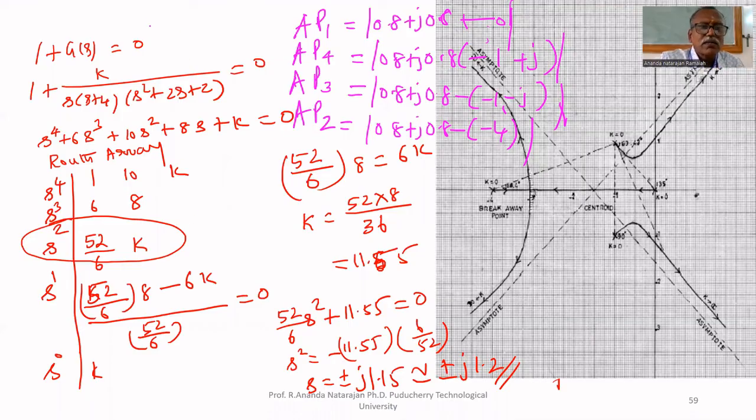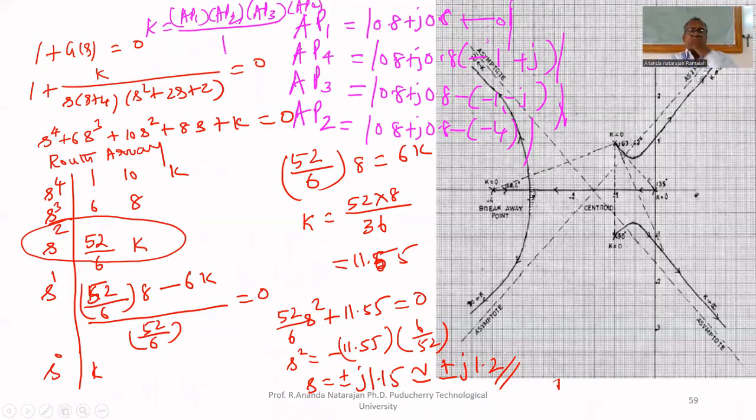Therefore, K equals AP1 multiplied by AP2 multiplied by AP3 multiplied by AP4 divided by 1, because no zeros are there. This is the K value for zeta equal to 0.7. So the zeta 0.7 line will go like this. It cuts here. This is A.